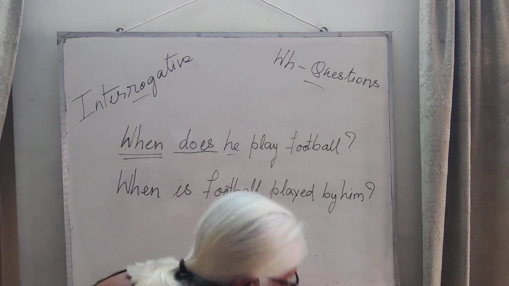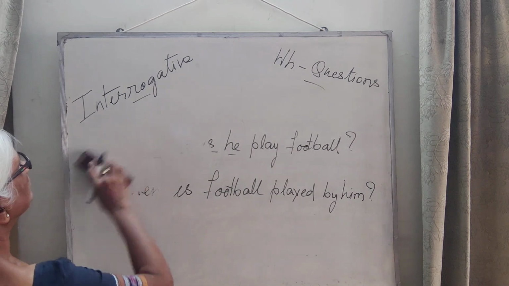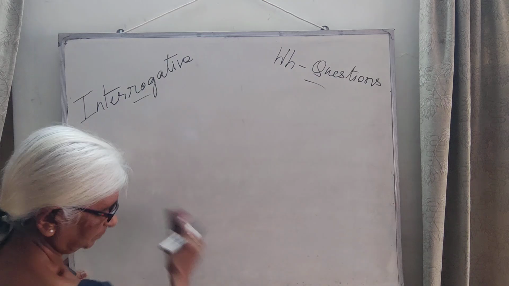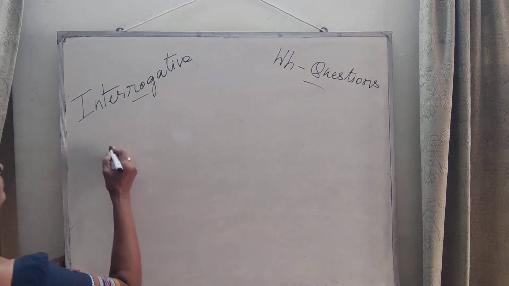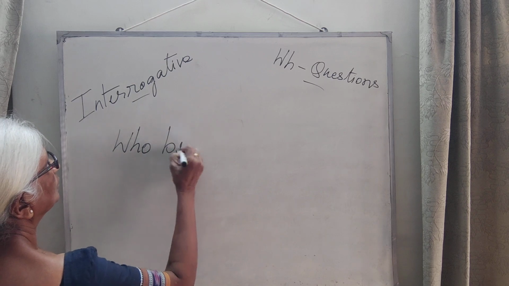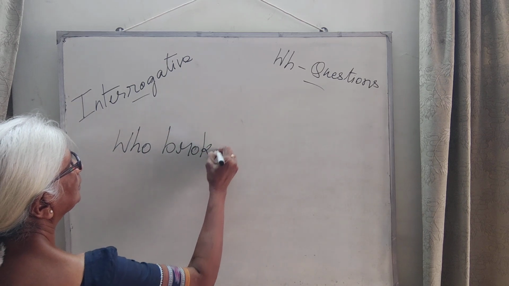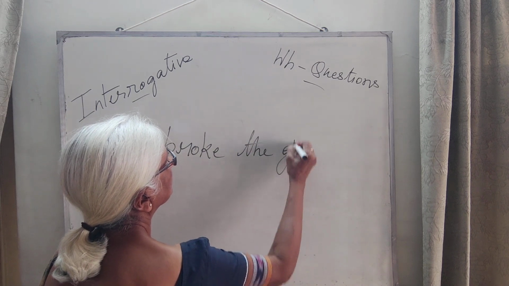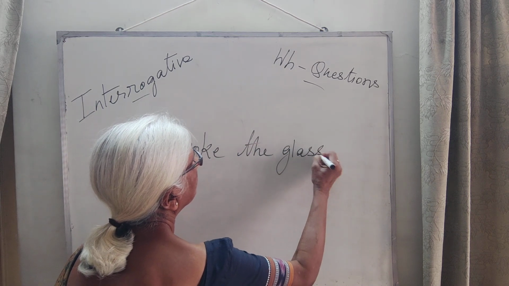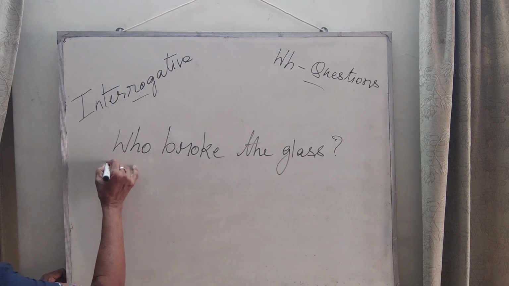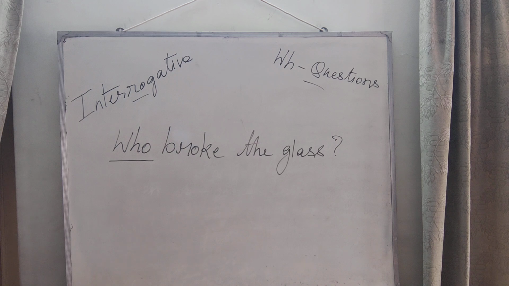Suppose we take another sentence. Who broke the glass? So the WH question word is who. But here you have to use by.